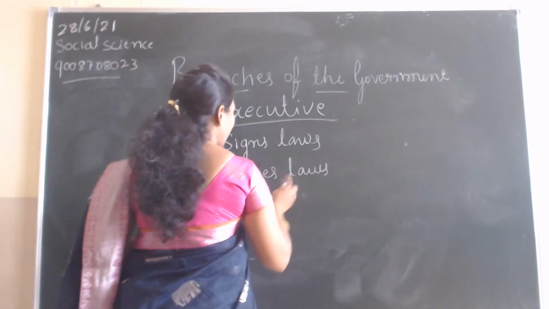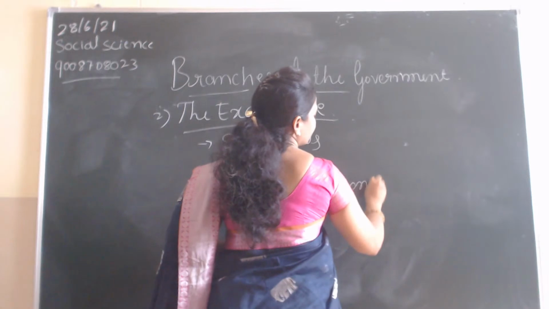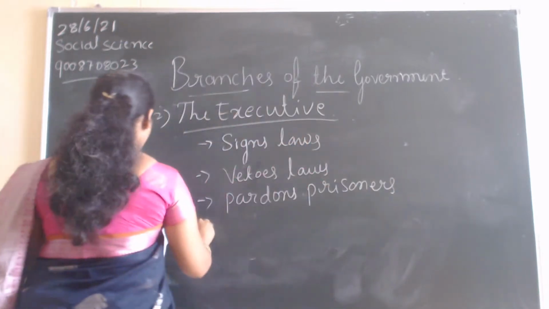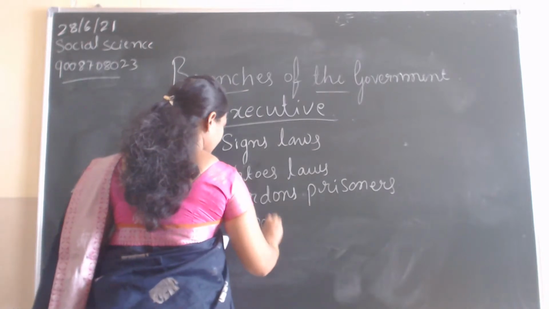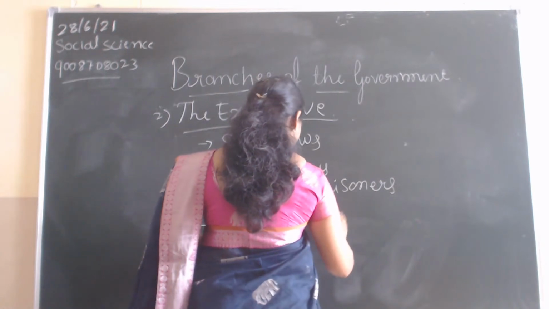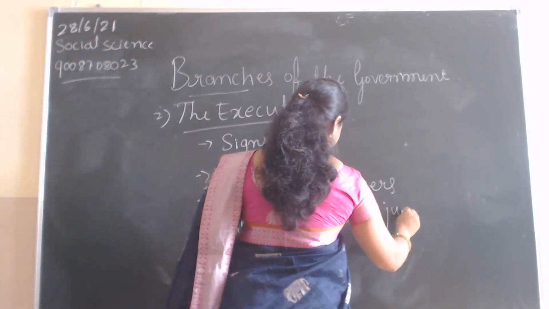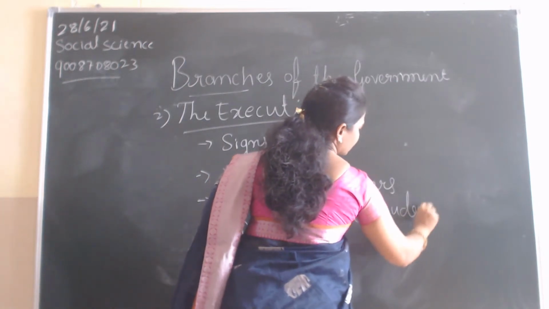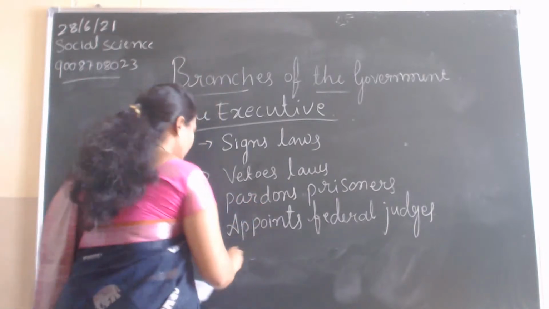Pardons prisoners, appoints federal judges, and is elected every 4 years.